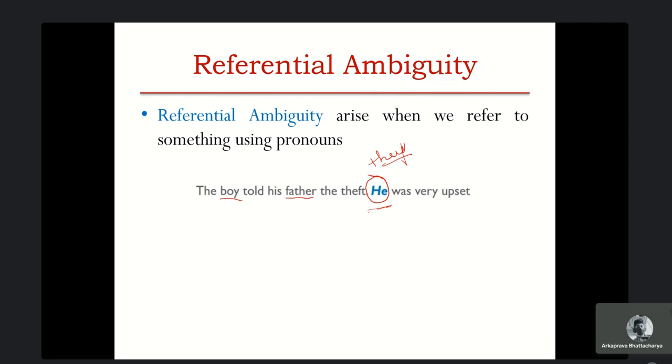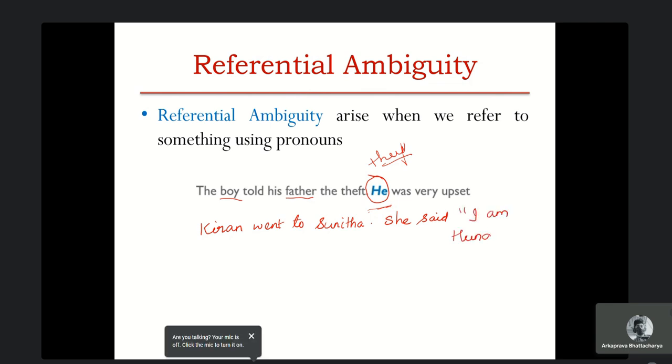If I take one more example, let's suppose a lengthy sentence: Kiran went to Sunita. She said, I am hungry.